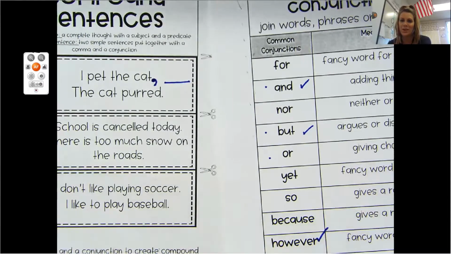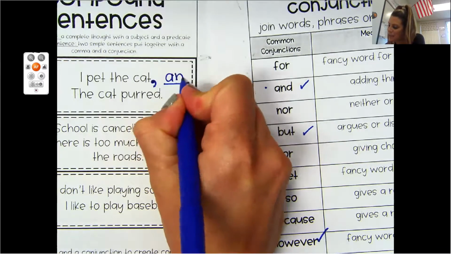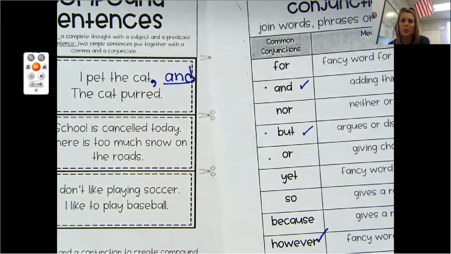What do you think we could add? Go ahead and write it down. All right. You should have picked and. I pet the cat, and the cat purred.